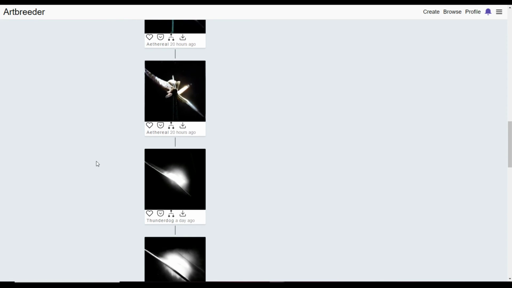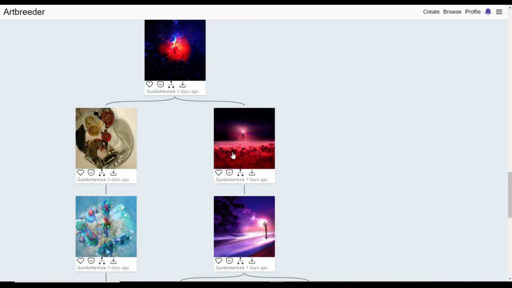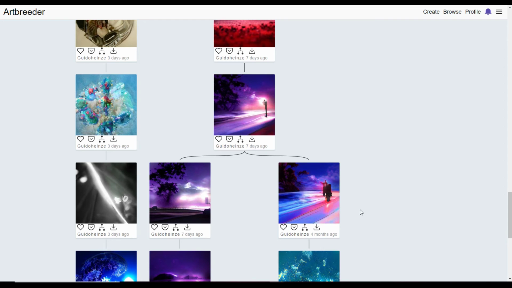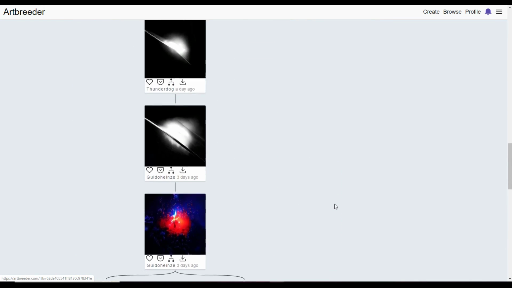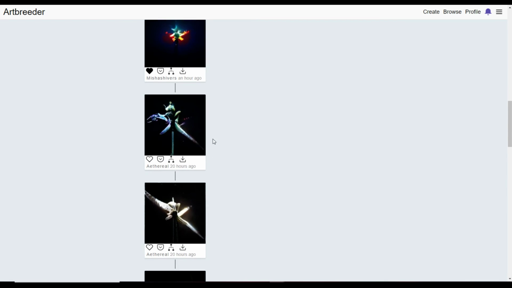Pretty abstract shapes by this point. Let's see, it looks like this one. Oh, I feel like we saw this one earlier, or one very, very similar to it. And I suppose it went into informing this image.